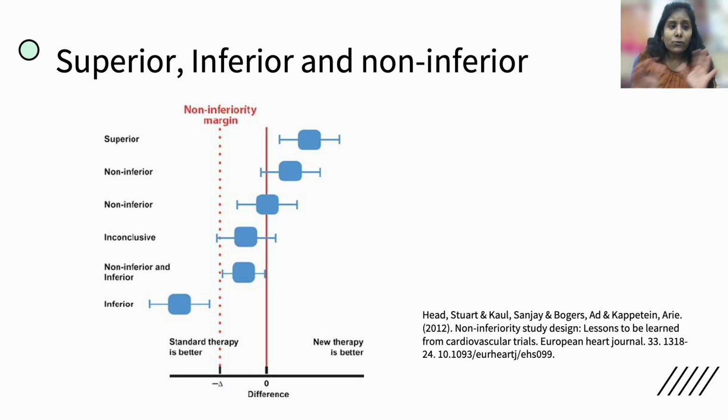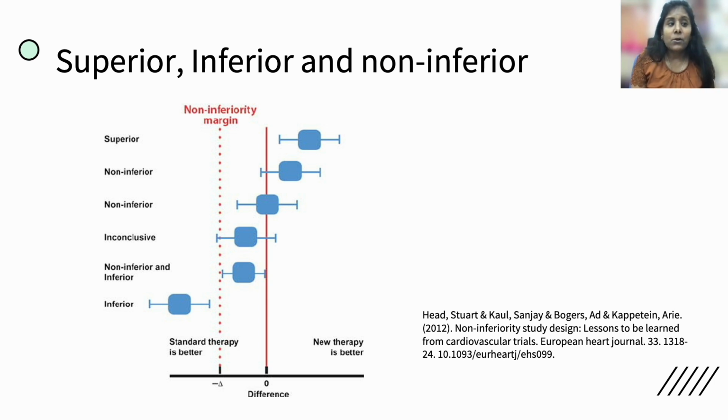Now we come to studies which are superior, inferior, and non-inferior. What does it mean? It means exactly what it says. Superior shows that treatment A, your new therapy, is much better than your old therapy, while inferior shows your new therapy is nowhere better than the standard therapy, so you stick with the standard.